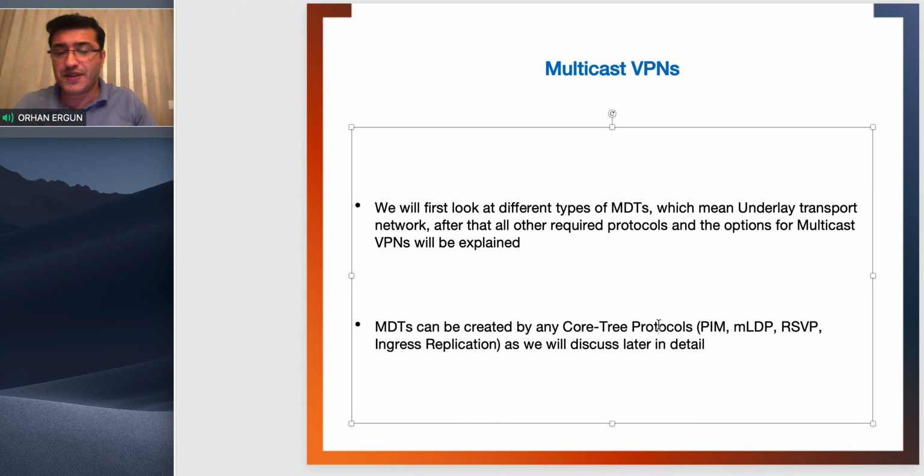Who are the receivers? So MDTs, this transport can be created by PIM, classical MVPN, or with the next generation, MLDP or RSVP, or we will see ingress replication. With this one, we don't need to introduce multicast in the MPLS network at all.